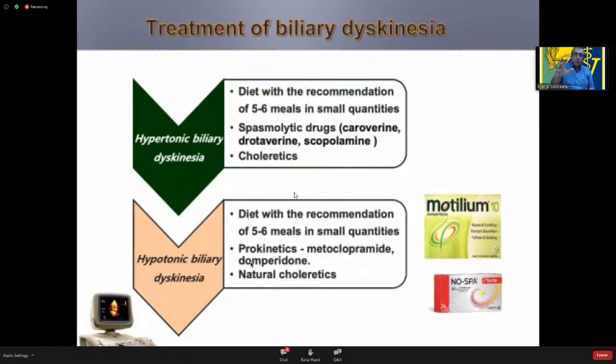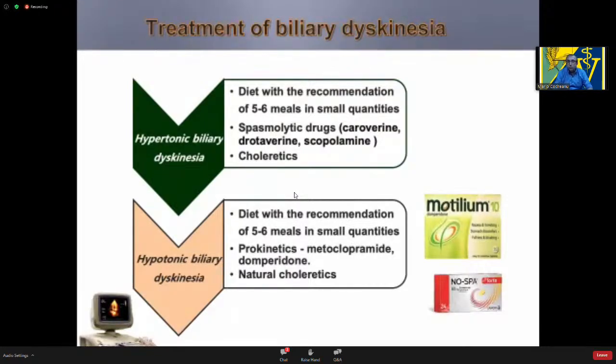Few words about the treatment. The treatment of biliary dyskinetic condition of the gallbladder. In first case, in case of hypertonic biliary dyskinesia, it's important to notice that good effect and good result we can obtain only using the diet, with the recommendation of small and often meals offered to our dog or cat, 5 to 6 meals, but of course in small quantities.